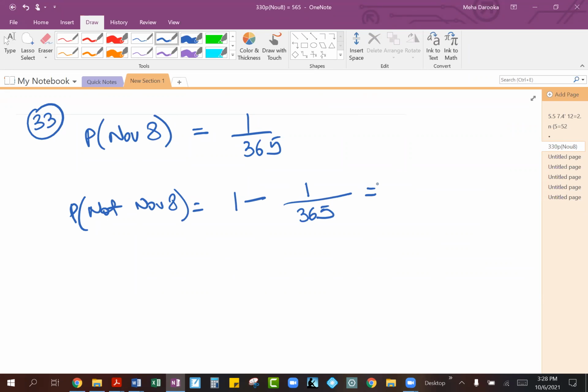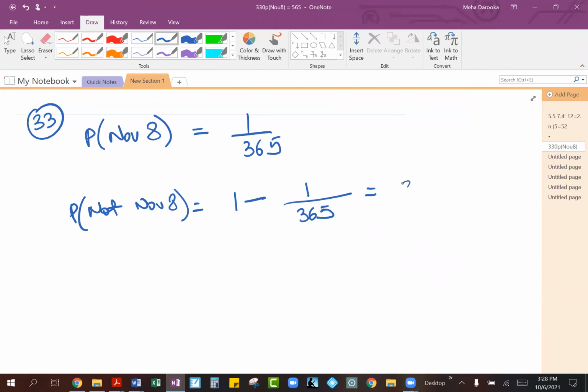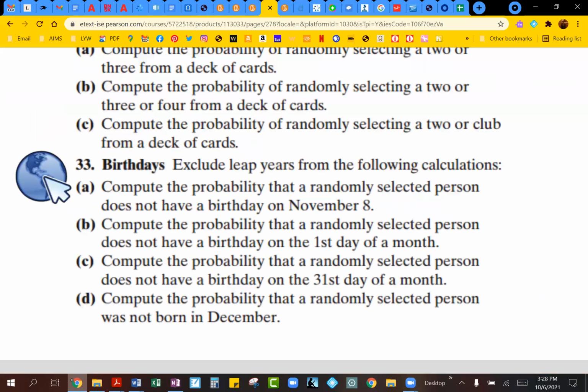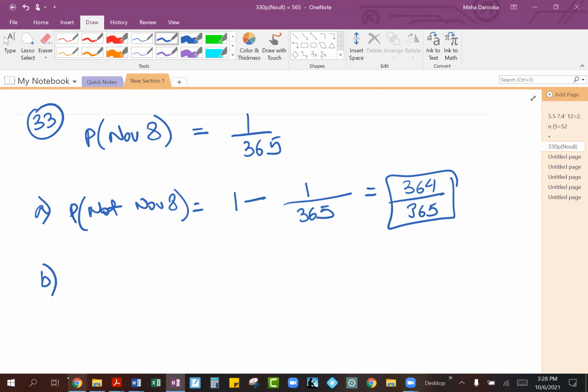And what will that end up giving us? 364. Yeah, 364 days, which are all the other dates out of 365. So using that complementary rule to help you find the probability over here. Okay. This was part A.